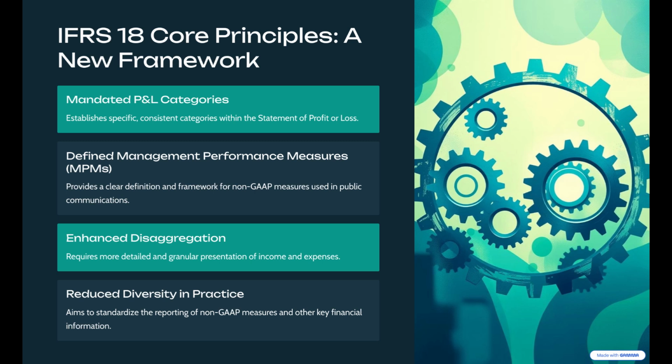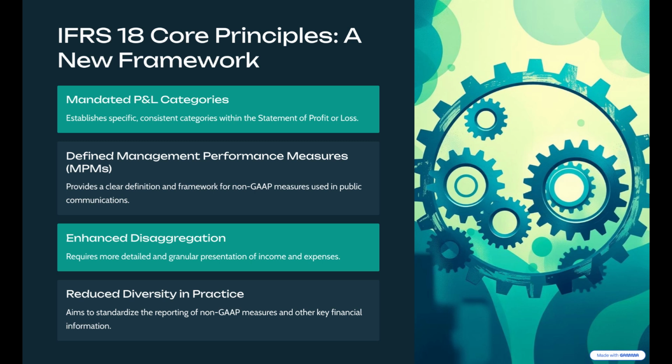IFRS 18, Presentation and Disclosure in Financial Statements, introduces a reimagined structure for financial reporting, designed to enhance clarity, consistency, and comparability across entities and industries. Replacing key sections of IAS 1, this new standard responds to long-standing concerns about the lack of consistency and transparency in how companies report their financial performance.